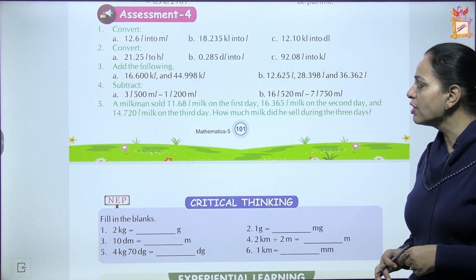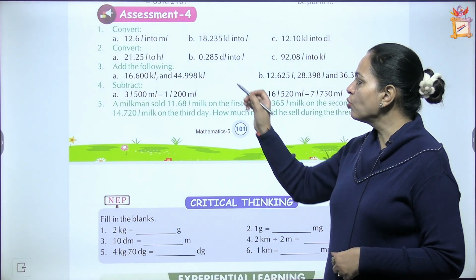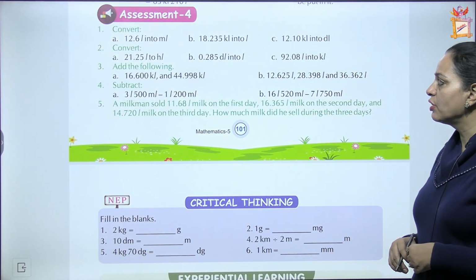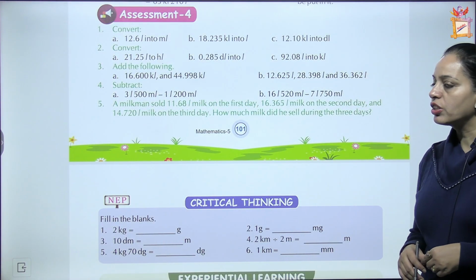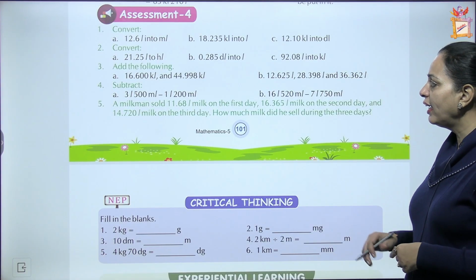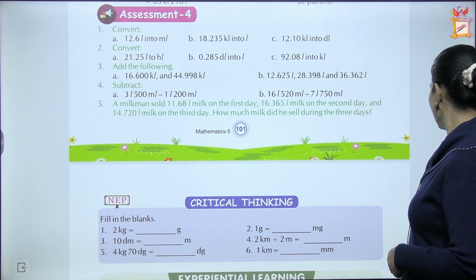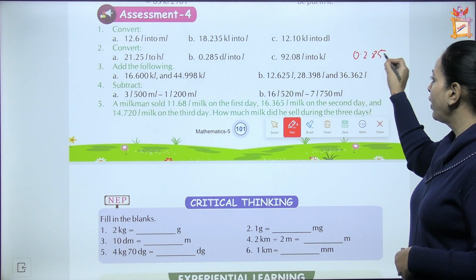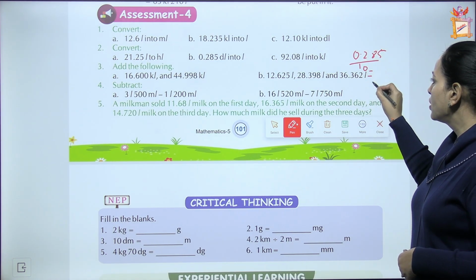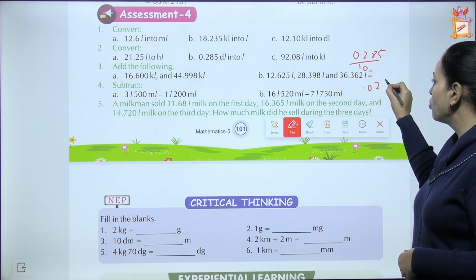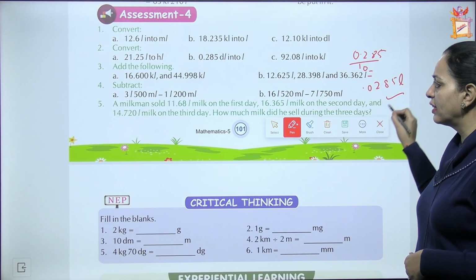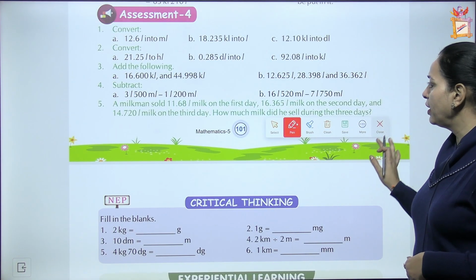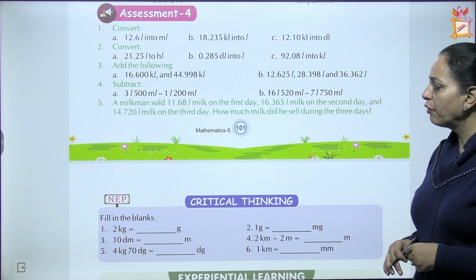Similarly, the second part you can do, 0.285 deciliter into liter. So divide by 10. 0.285 divided by 10. So this is 0.0285 liter. Similarly, you can try the remaining parts. You can try the third and fourth questions.